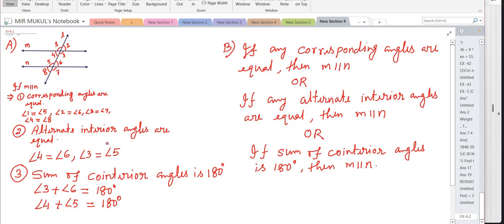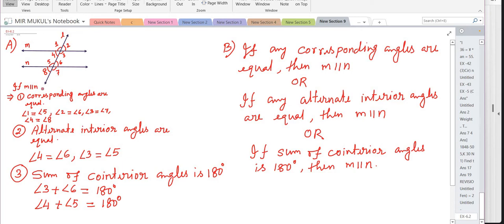So if M parallel to N, then these three properties we can write. And second concept, out of these three properties, if any one is satisfied, then we can write two lines are parallel. So if two lines are given and a third line intersects both lines, then the third line is called a transversal line.